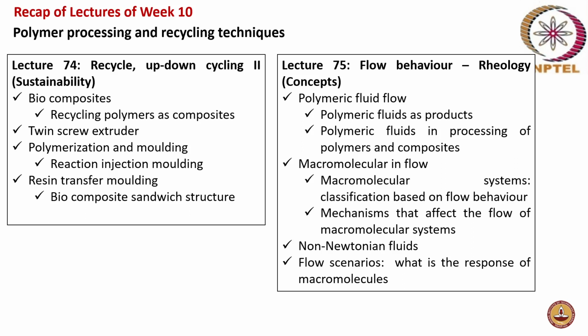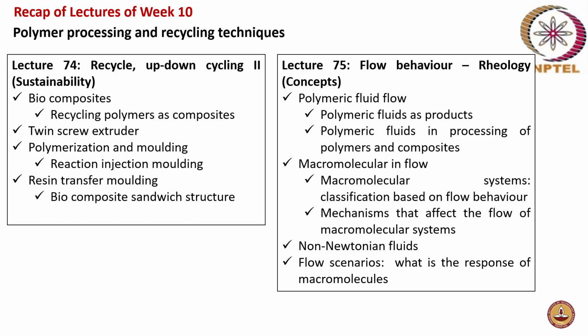And then mechanisms that affect the flow of macromolecular systems. So your molecular flexibility, like your rotation or vibration around the backbone, bending, stretching, torsion, and then molecular interactions like your repulsion, or your van der Waals interaction, intermolecular and intramolecular interactions, and you can have hydrophobic and hydrogen bondings.